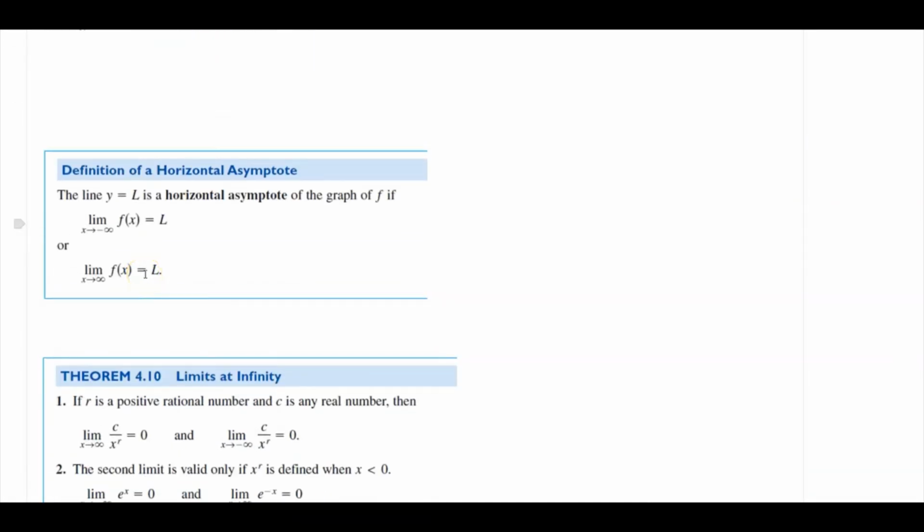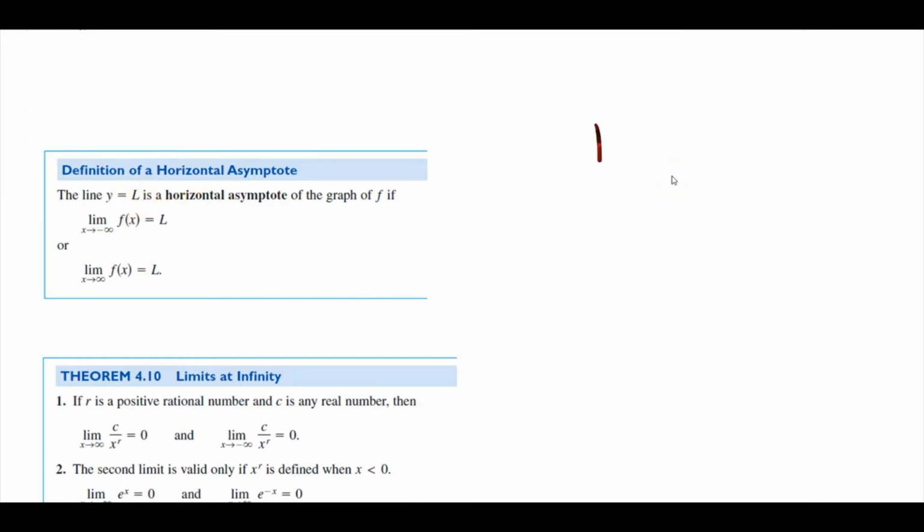So, as promised, horizontal asymptotes are when we have a line y equals L, and that is going to be our infinite limit: our limit as x approaches negative infinity, or our limit as x approaches positive infinity of f of x gives us this number. That means that we have a horizontal asymptote. That means that we are getting closer and closer to the number L, which is pretty cool.